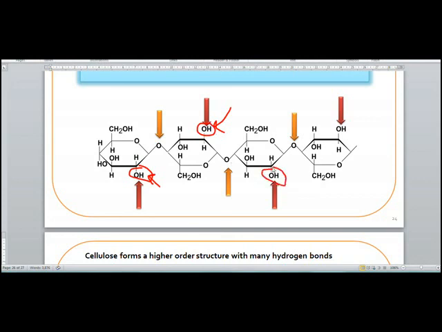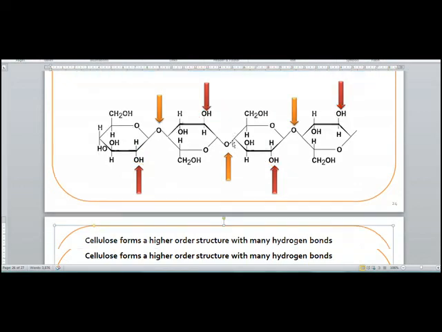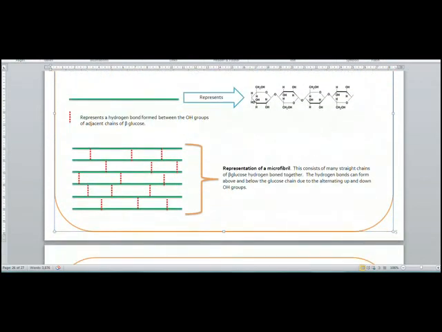So that's why I've put the red arrows on these notes to show you the alternating up and down arrangement of the OH groups. Now those OH groups then allow these hydrogen bonds to form between the neighbouring chains.